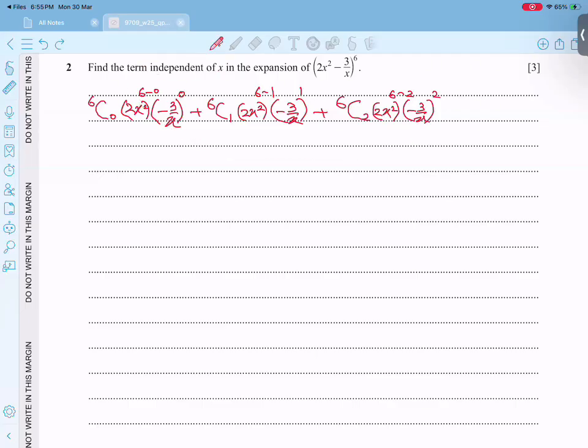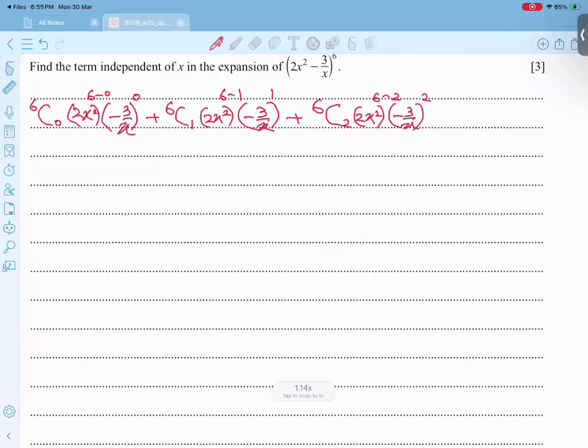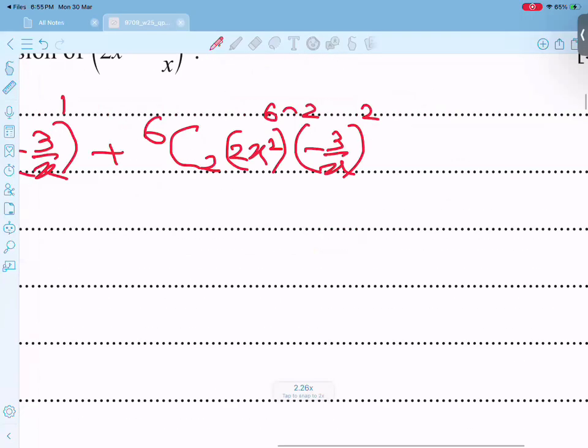I have given an example before, for example x to power 2 plus 5x plus 3 plus 2 over x. So a number without x is called independent of x. So we are looking for the independent term, and we just check it. 6 minus 2 is 4, 4 twos are 8. But here I get only 2, so they are not cancelable.